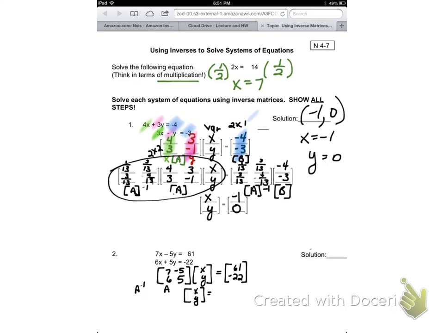But on the right side, I want you to show me the inverse matrix. So you need to put that in your calculator. Take a minute, put it in your calculator, and find the inverse.